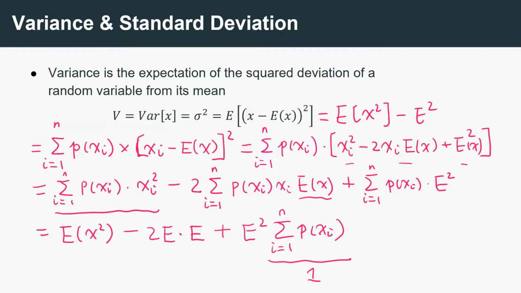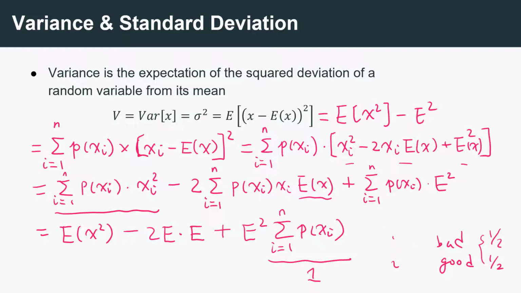You can think of xi here as 2 outcomes, so n equal to 2, i equal to 1 is bad weather, i equal to 2 is good weather, and the probability of each happening is 1/2. If you sum those two probabilities, it should equal 1.